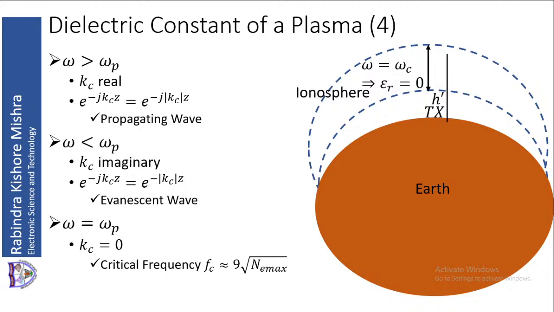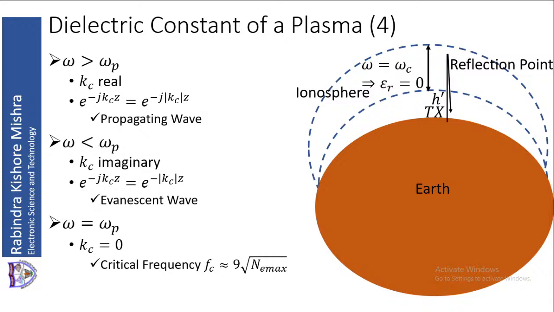H dash is called the virtual height. So H dash is the height from which the reflection occurs, or where the reflection point occurs. The distance from the surface of the Earth to the point from where reflection occurs for a vertical incidence onto the ionosphere is called the virtual height.